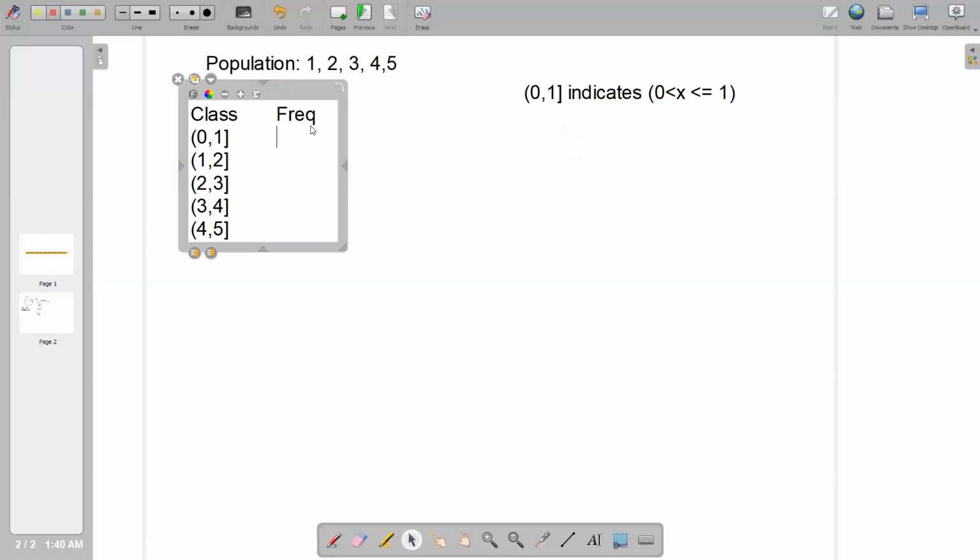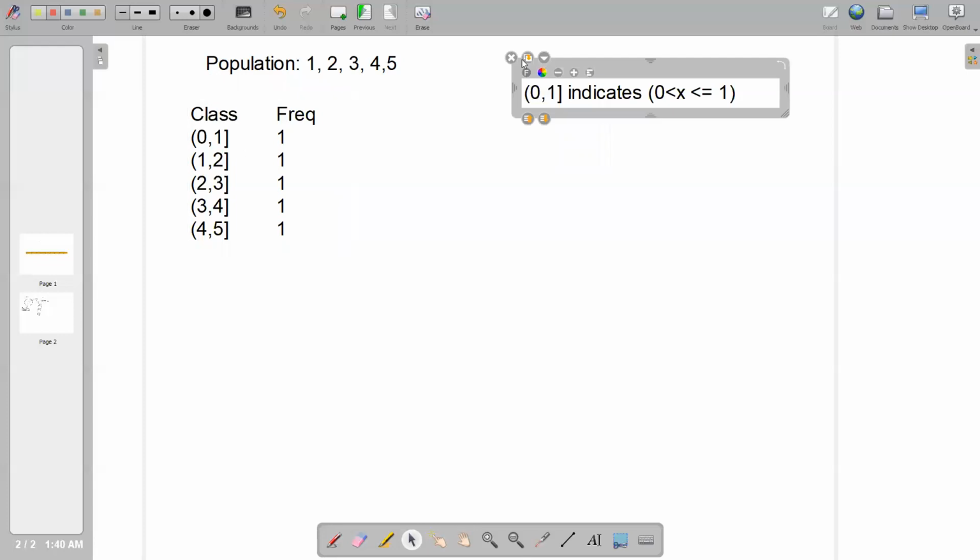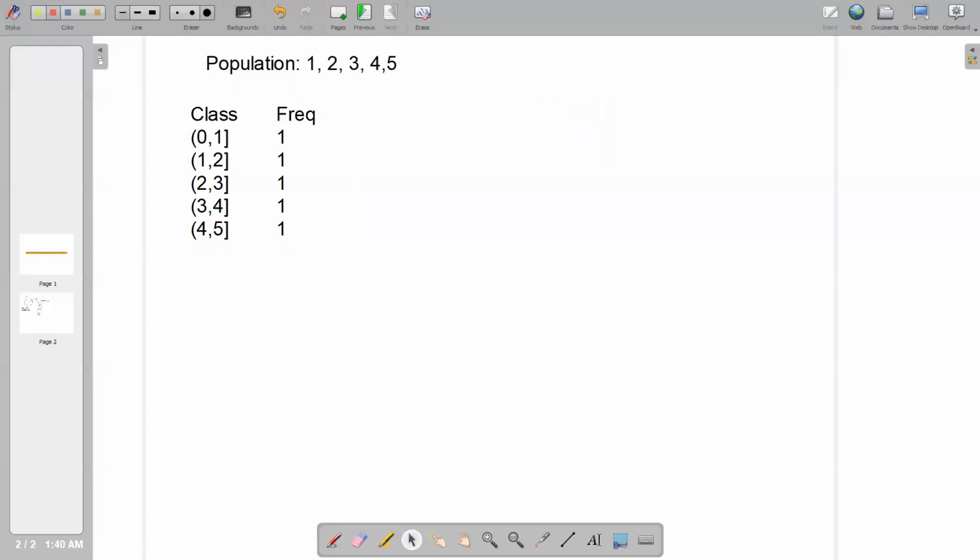So when you look at the population, you have 1 in the first class, 1 in the second class, 1 in the third class, 1 in the fourth class, and 1 in the fifth class. So that's an easy frequency table. Based on this frequency table, we can draw the histogram. This is your variable x, and this is frequency.